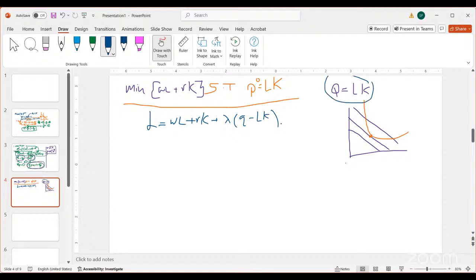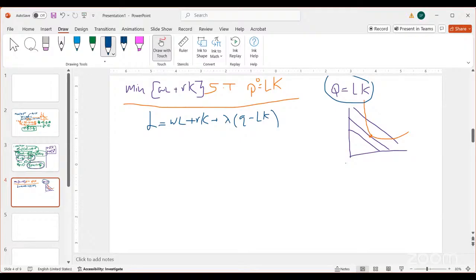This is what you call the Lagrangian equation. Practically, there can be other constraints in addition to this one constraint. You might have learned in macroeconomics how monetary policy and the macro policies work, with so many constraints. But here I take only one constraint.